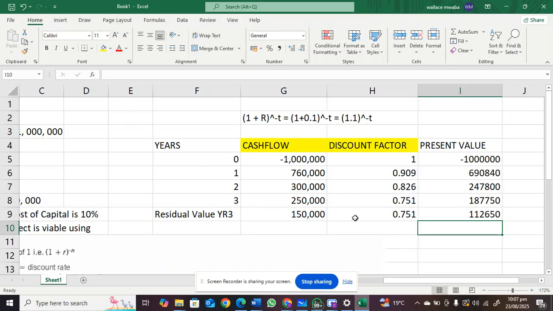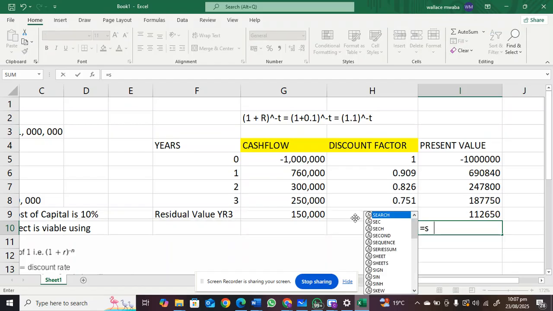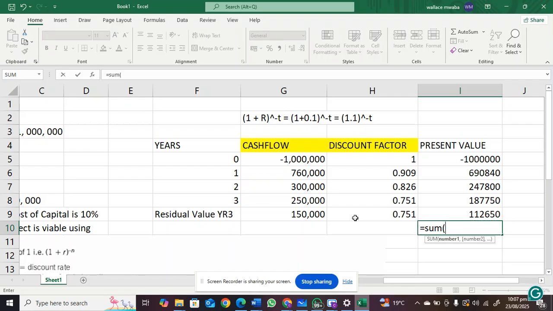Then once you've got your present values, you just total them up. Okay, you just add everything.